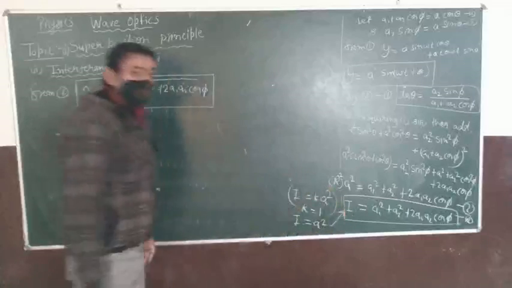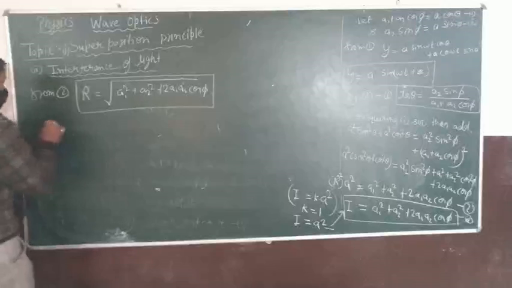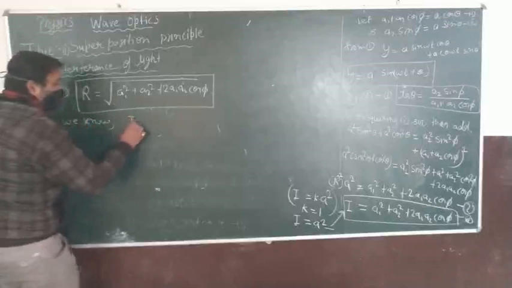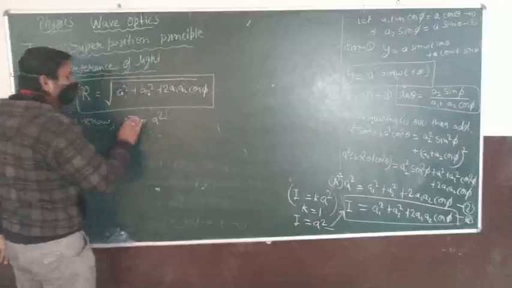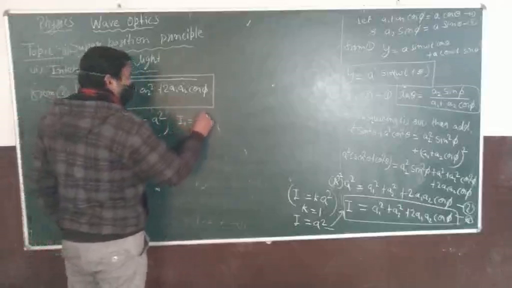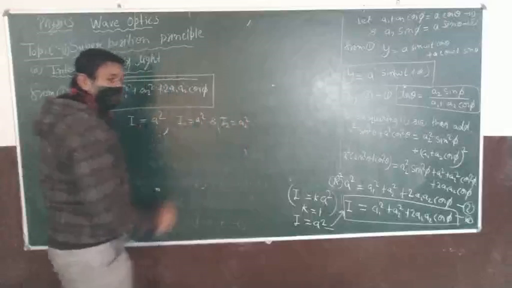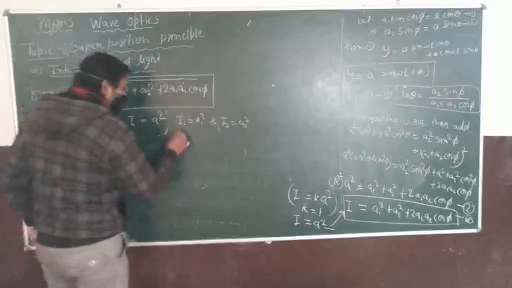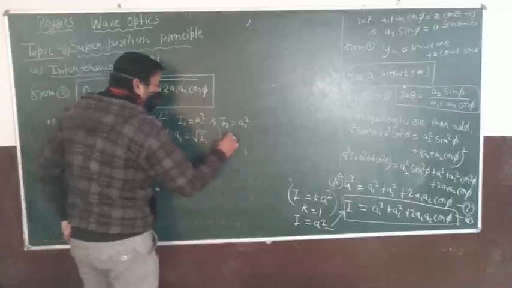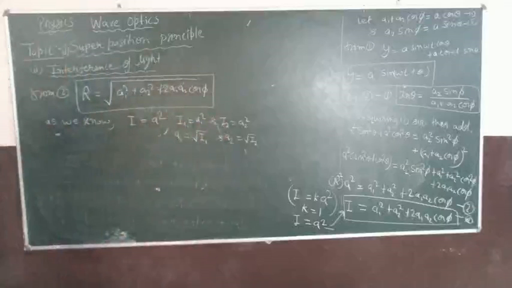By using the same relation, as we know that I is equal to A square, we can write I1 is equal to A1 square and I2 is equal to A2 square. Clear? Now what do we get from here? The value of A1 is under root I1 and the value of A2 is under root I2. Is it clear to all of you?